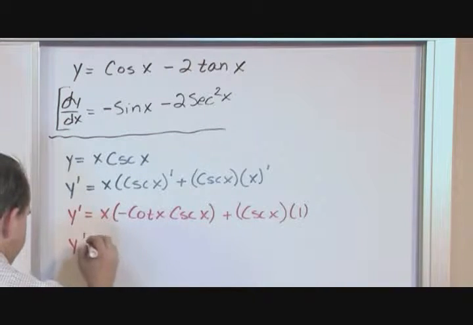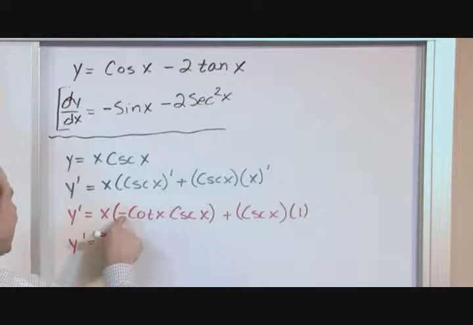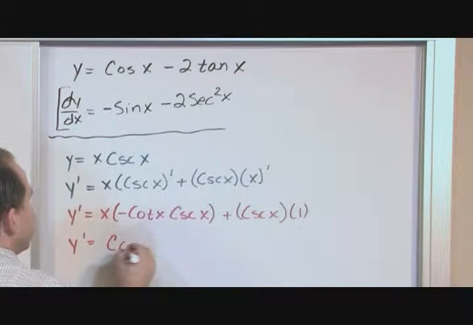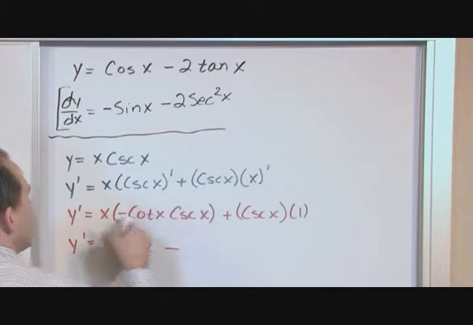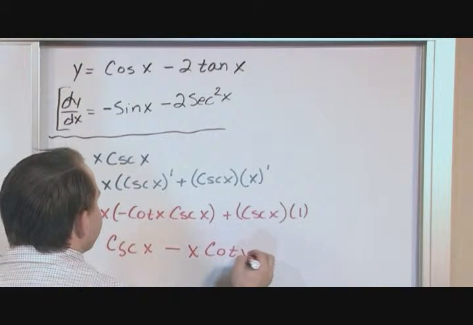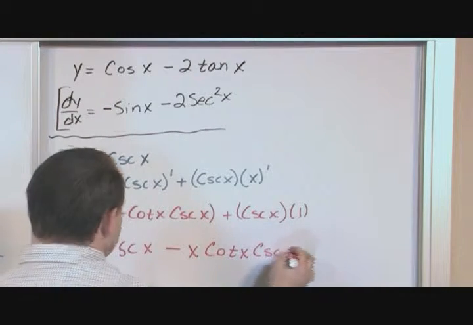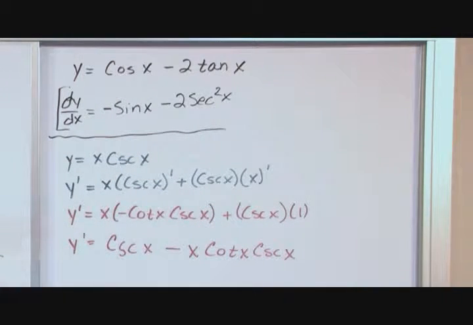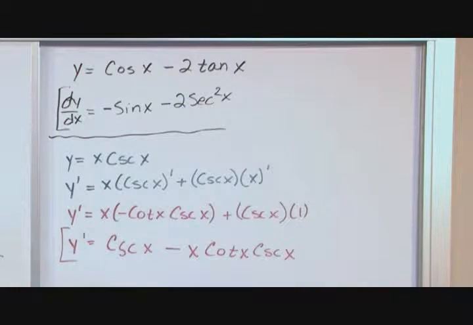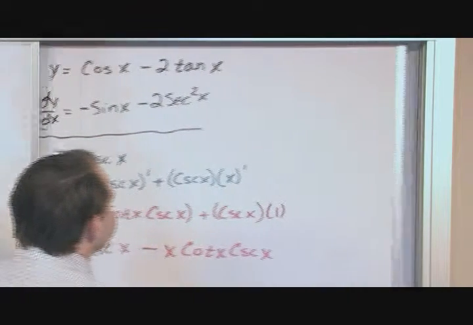So y prime is going to be equal to, we're going to have a negative sign here, so I know I'm going to have a negative. Let me just leave this in front. So we'll have cosecant x minus, from here, x times cotangent of x times cosecant of x. Negative x times cotangent times cosecant of x, and that's the answer. So it's really using the product rule in addition to your knowledge of the trig functions to arrive at something like that. So again, it's not that hard.